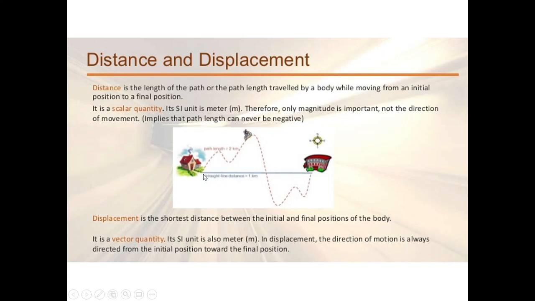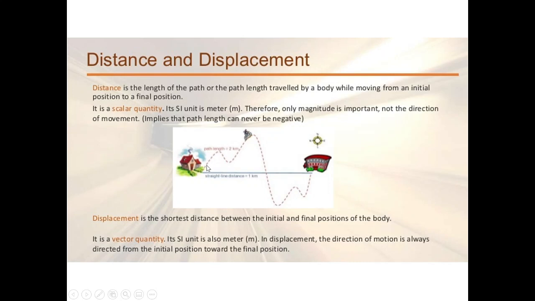If this is the shortest distance between any initial position and final position, that is known as displacement. Now if I want to go from this house to this house, and I choose this path, like I'll go this way, I'll roam and roam, and then I'll go this way, then this is the total distance that I have traveled.